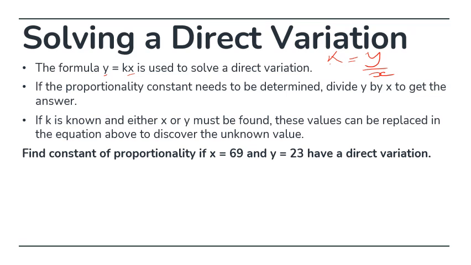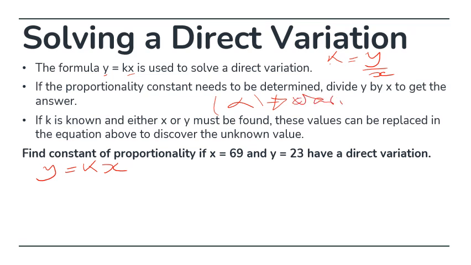Let's look at this example, where we are asked to find the constant of proportionality, and they are saying x is equal to 69 and y is equal to 23, with a direct variation. When they have a direct variation, we know that the equation is y is equal to kx. Remember we have this symbol, which stands for variation.